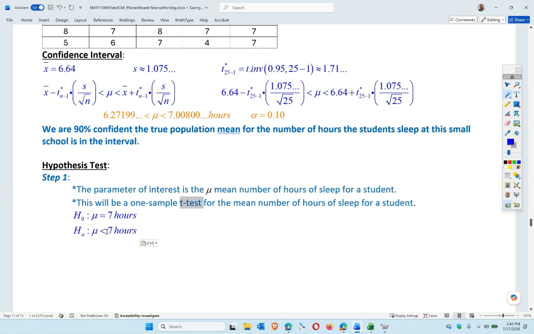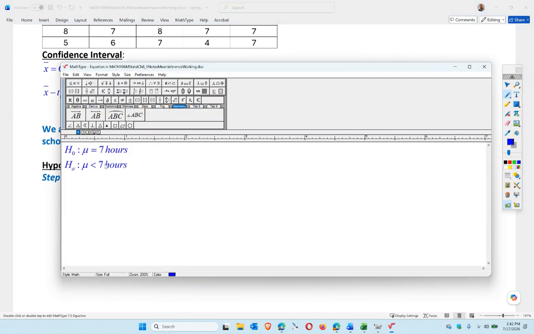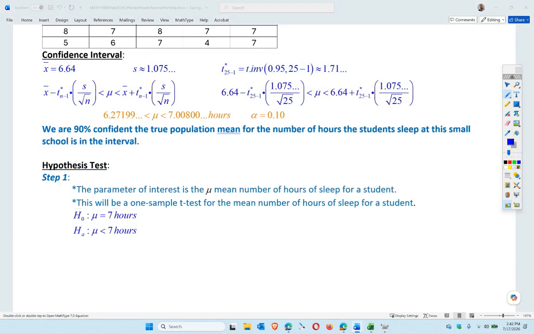We're checking to see if it's less than 7 hours, because technically the null is greater than or equal to, right? Because if everything's okay, it's greater. We just assume it's greater than or equal to 7 hours, but we're trying to prove otherwise, so we're trying to prove less. But for the sake of Stats 1, we're going to keep the alternative as less than.